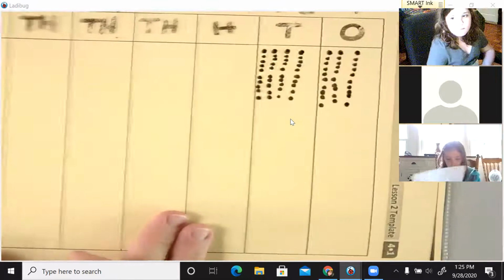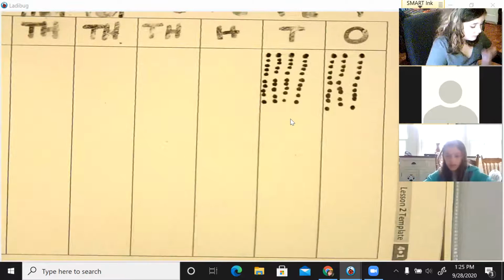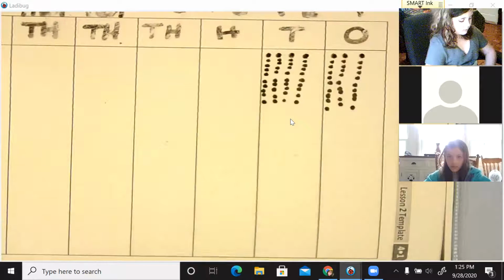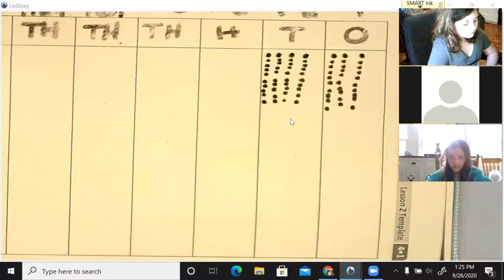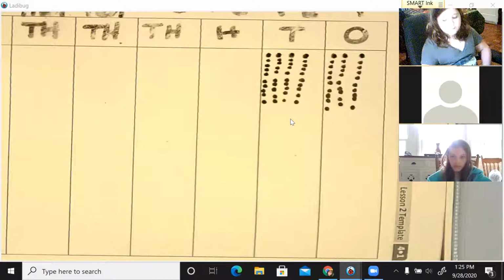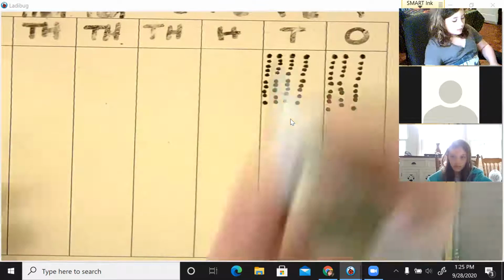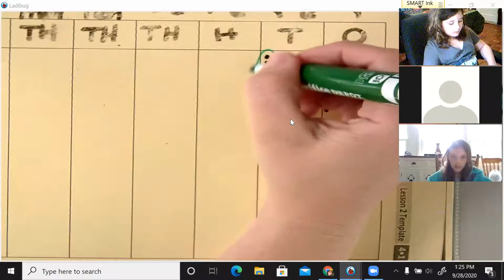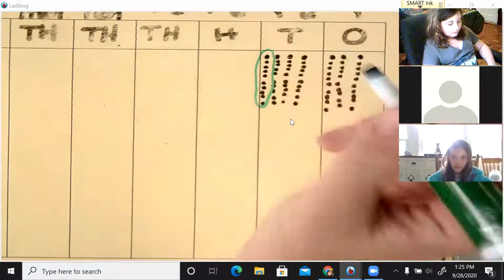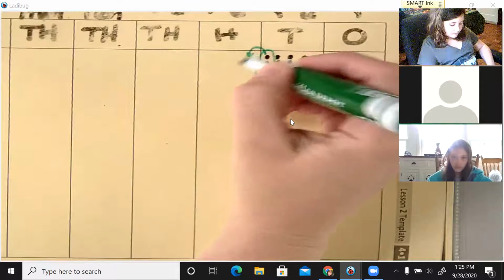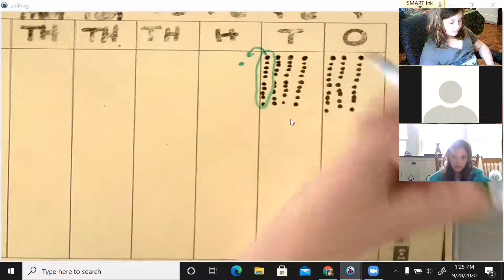So now I've done all the multiplying. I multiplied your 4 tens by 10 and your 3 ones by 10. Okay, what do I do next? I'm going to bundle. I'm going to bundle this group of 10 tens to give me 100.